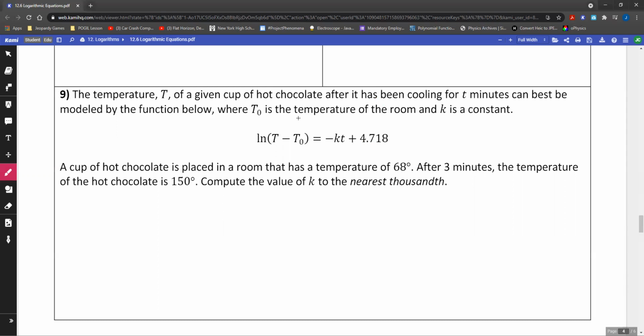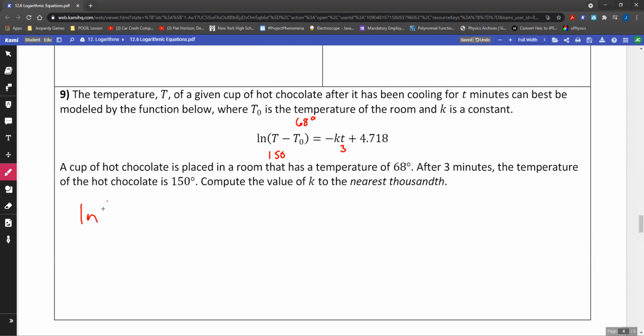So T0 is 68 degrees. They say after 3 minutes, so this is going to be equal to 3, the temperature becomes 150. It's kind of odd that it's getting hot, but all right.